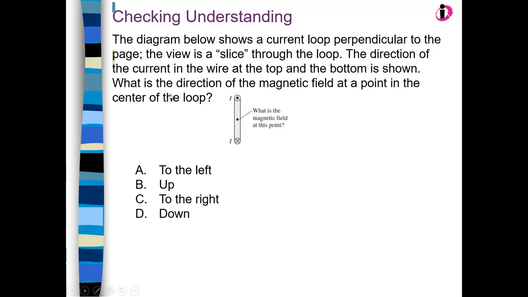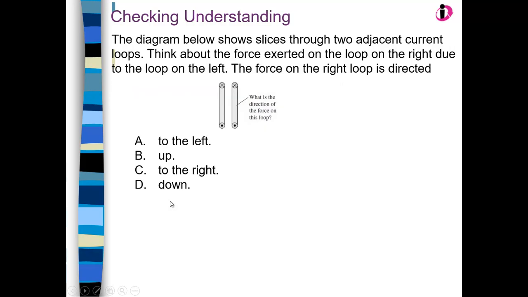So what you want to do is you just take the top, right-hand rule, and all that's doing is then you're curving it around. And when you use the right-hand rule and curve that around, that's going to tell you that the answer is C, the magnetic field is going to the right. Okay.